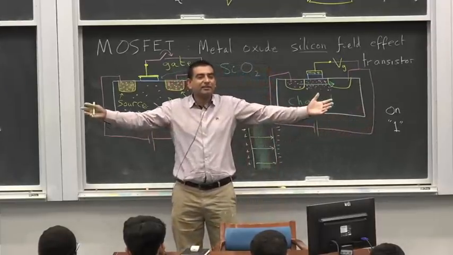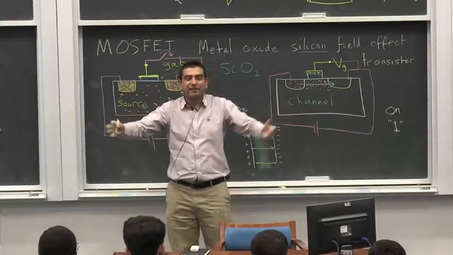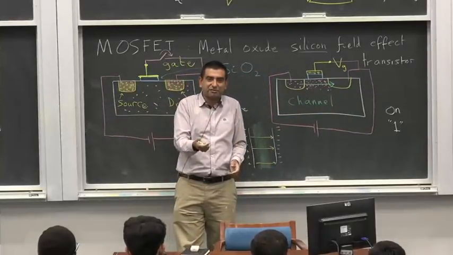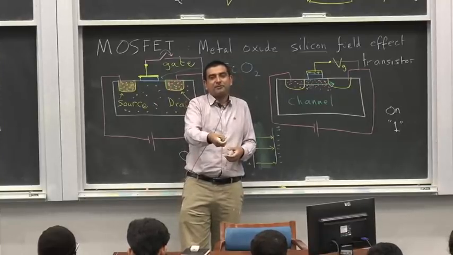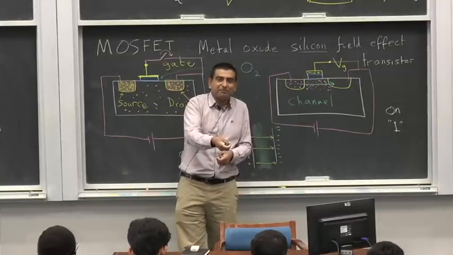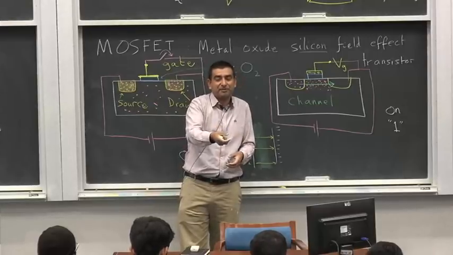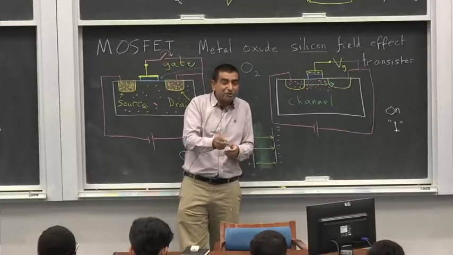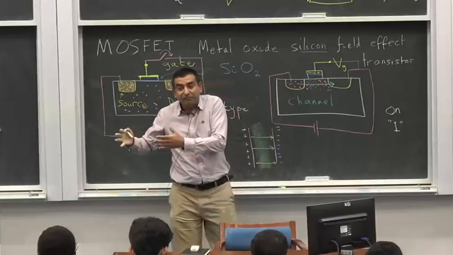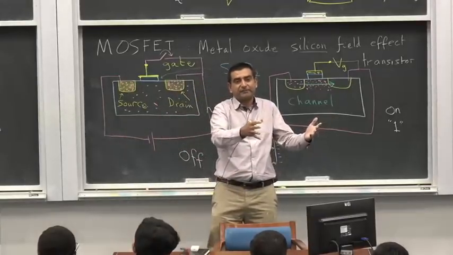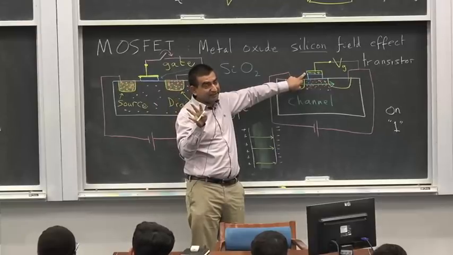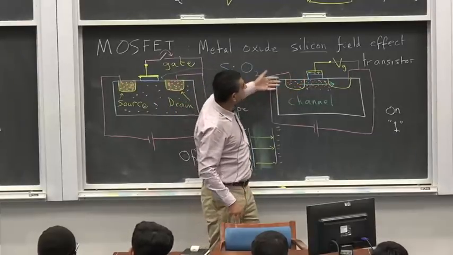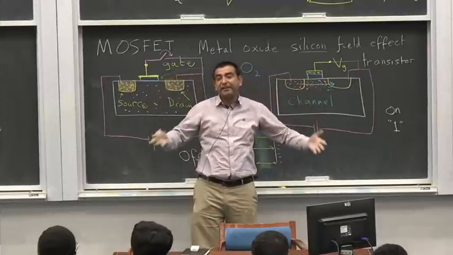It's like having river Indus in front of you, and you just have a small switch, a small tributary of the river, a really small stream that is controlling the flow of water in river Indus. So you'd like to have only a few electrons inside the gate, which can actually control the flow of millions and billions and trillions of electrons.